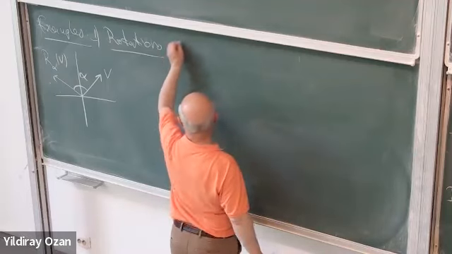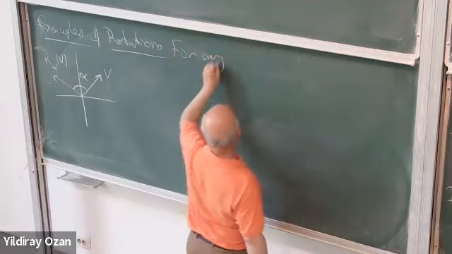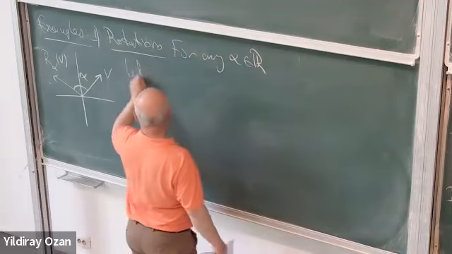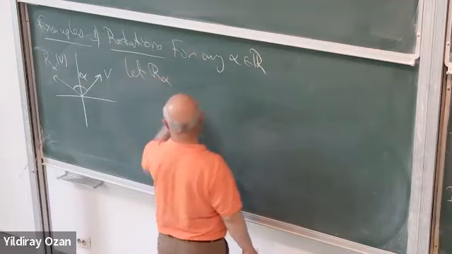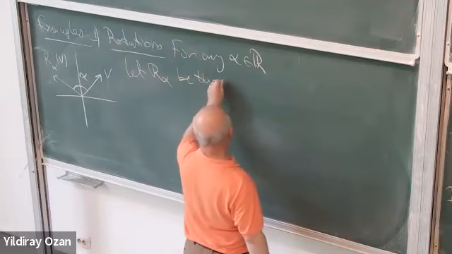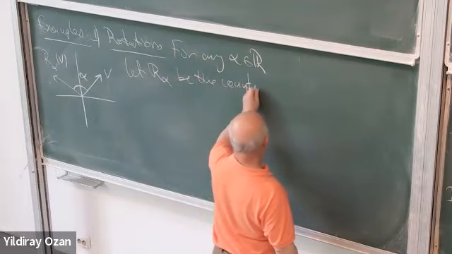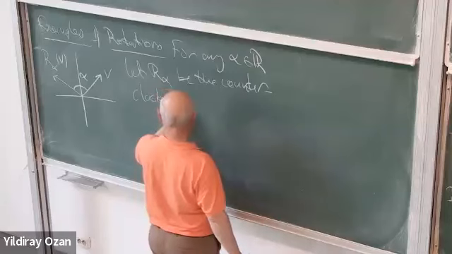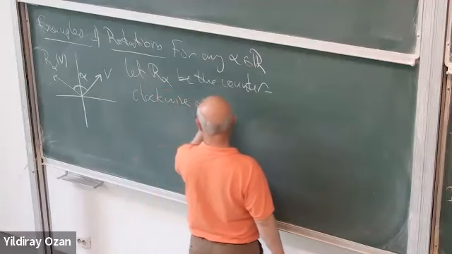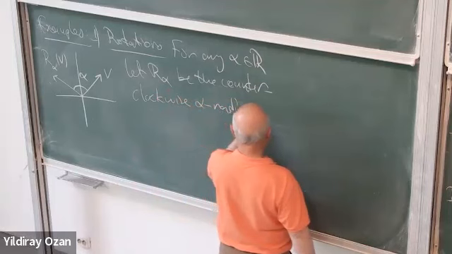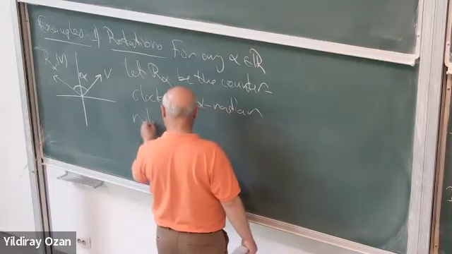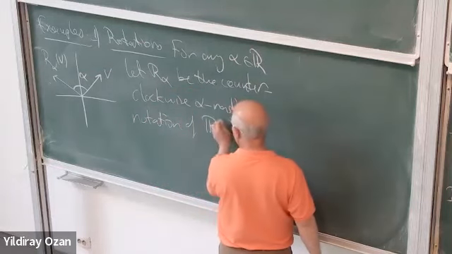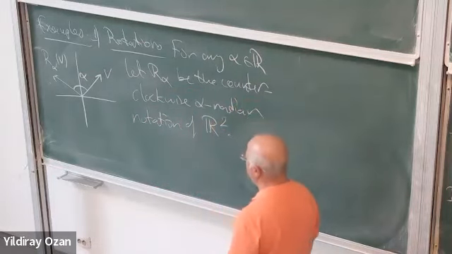For any alpha, let's say counterclockwise, R alpha is the rotation of the plane, let's say R2.